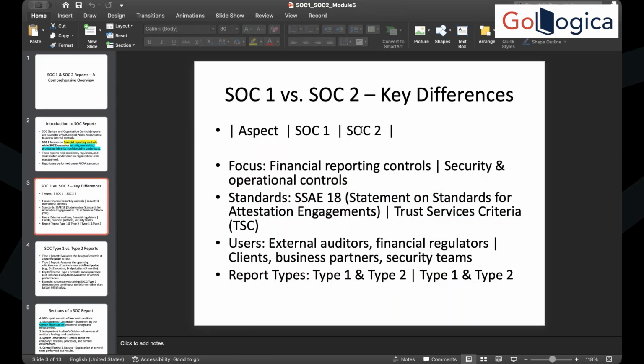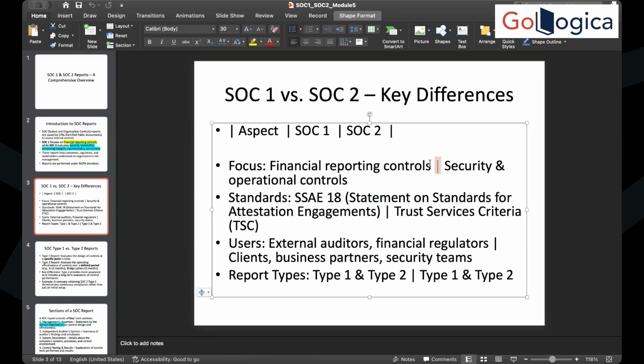Wherever you see this pipe, before this is for SOC 1, after this is for SOC 2. So SOC 1, financial reporting, we discussed, right? SOC 2 is for security and operational controls.